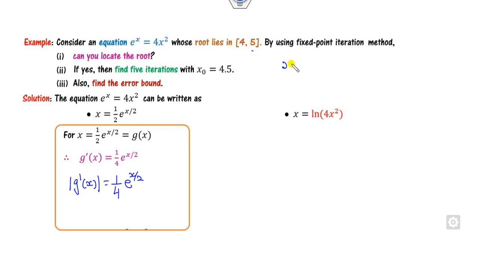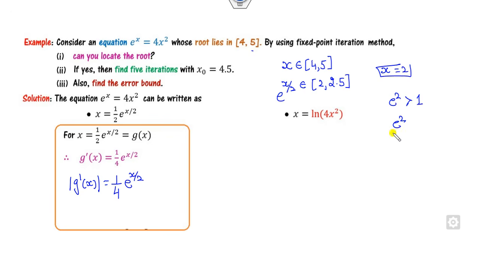Now x lies between 4 and 5. Then x by 2 lies between 2 and 2.5. Then for e raised to the power x by 2, if you take any number in between, say x is 2, then e raised to power 2 divided by 4 is greater than 1.